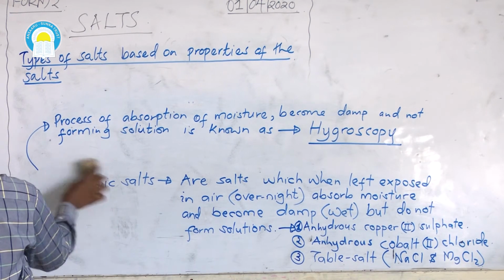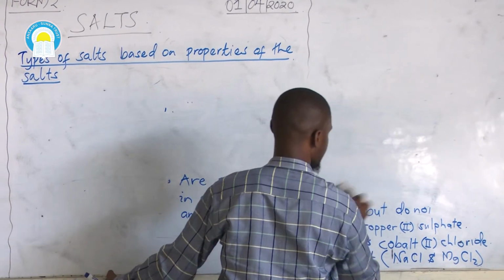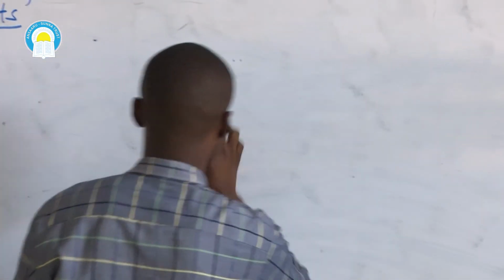Now, apart from salts and their nature as hygroscopic, we also have other substances that are not salts but still hygroscopic.